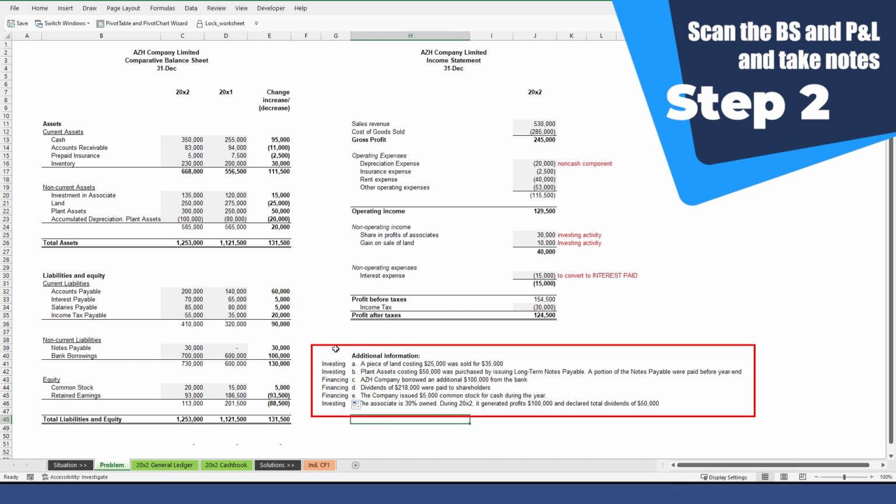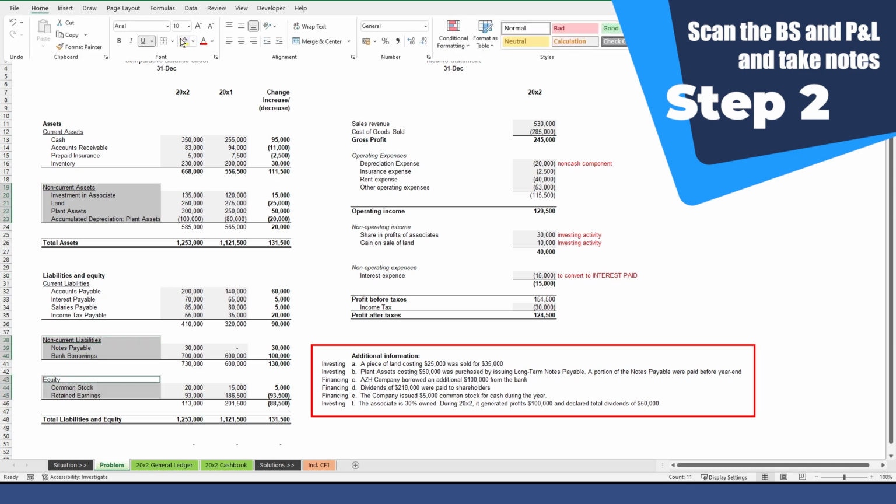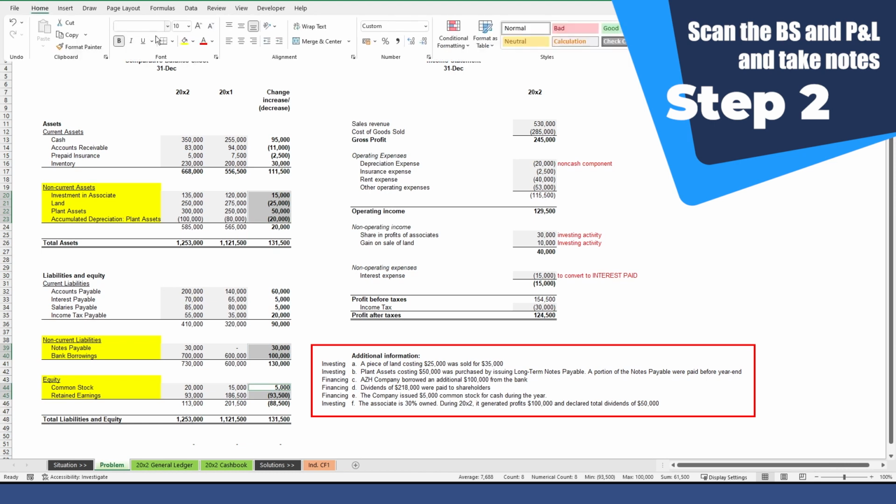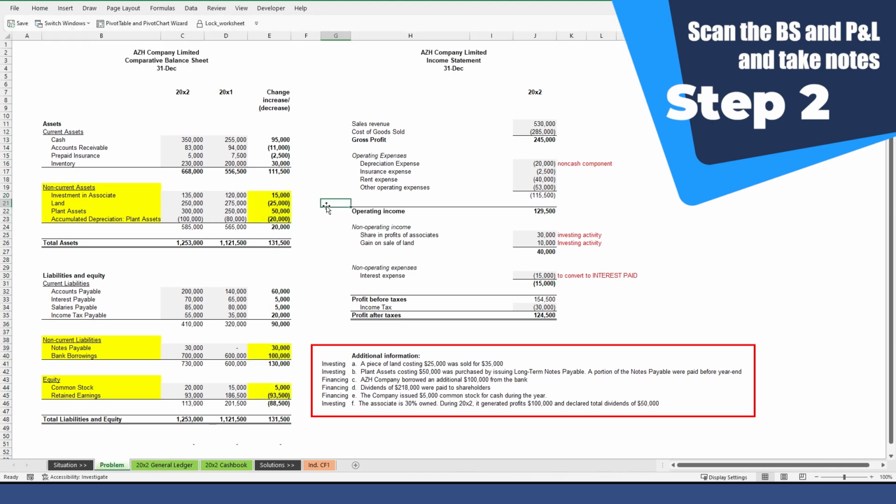You can also achieve this type of analysis by looking into the movements of the non-cash assets, non-current liabilities, and the equity section of the balance sheet. Specifically, these items. Especially in actual practice, additional information is not available.